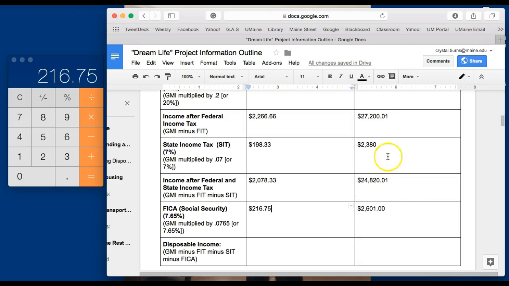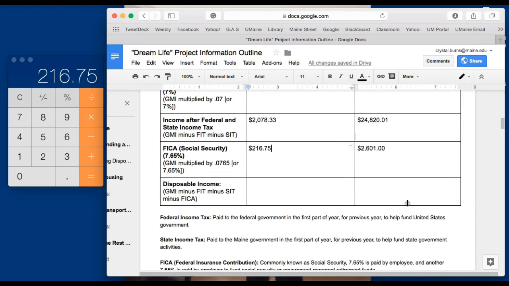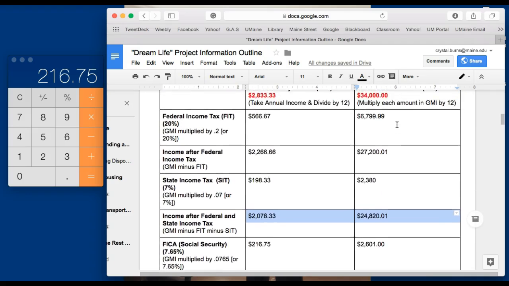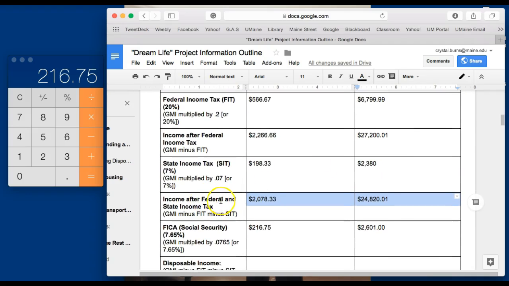Now, last bit of math for this particular page. So, last step, we are going to subtract our Social Security amount from the amount that's left after we've taken out our federal and our state taxes. Okay, so that means these numbers right here out of the whole page. We want the income after federal and state income tax.